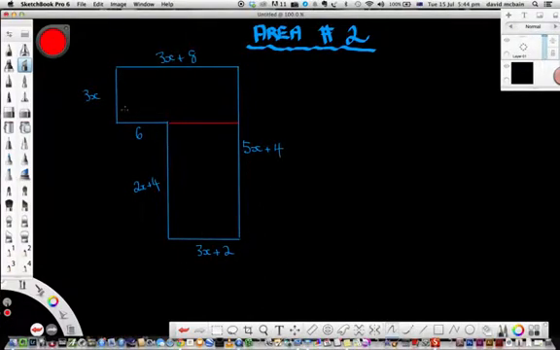So one rectangle, and I'll mark it in red, is in here, and we'll change colour, perhaps yellow and green. The other rectangle is in here.